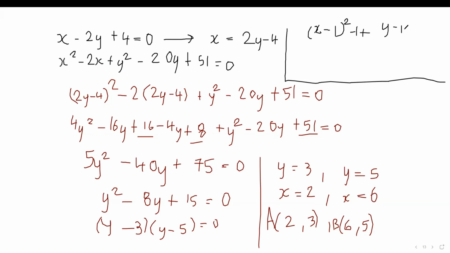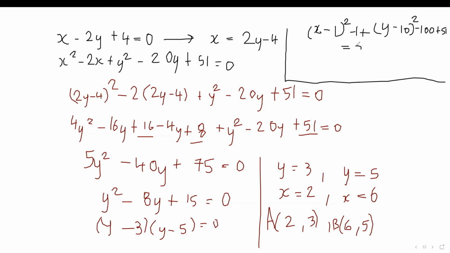I know we love shortcuts, Marika, but I don't want to rain on the parade, but this shortcut method never gives you the radius, all right? So minus 100, then plus the 51, and that equals 0.